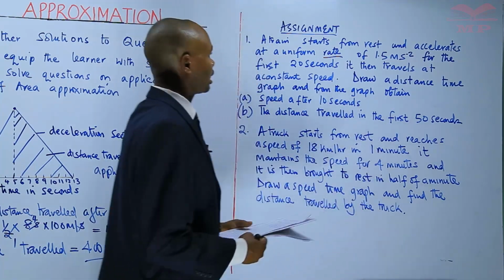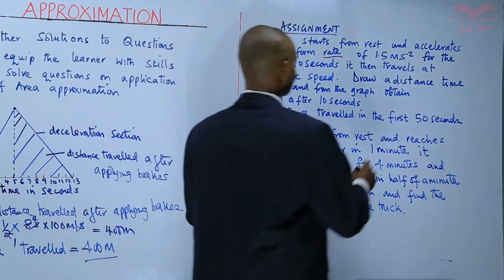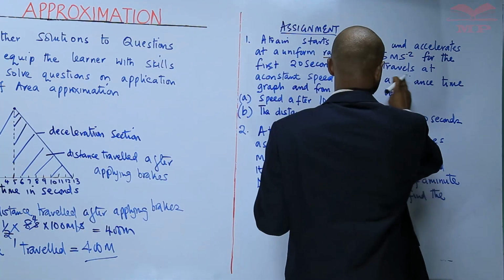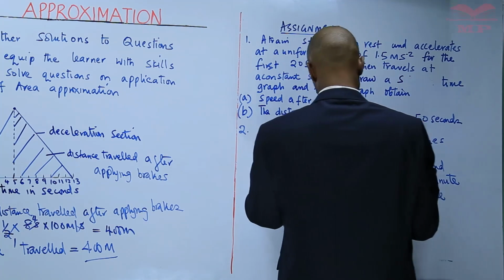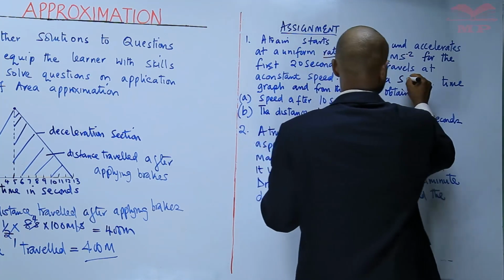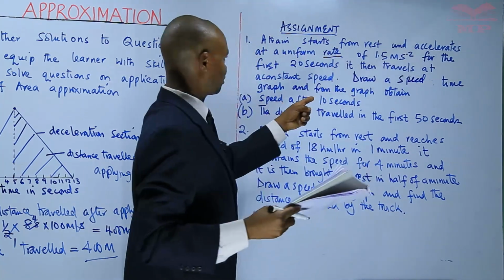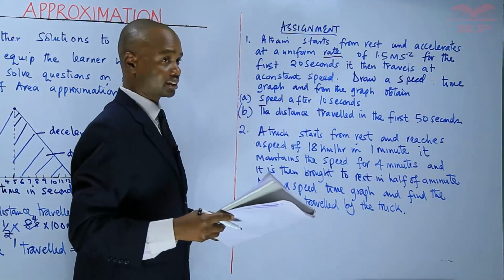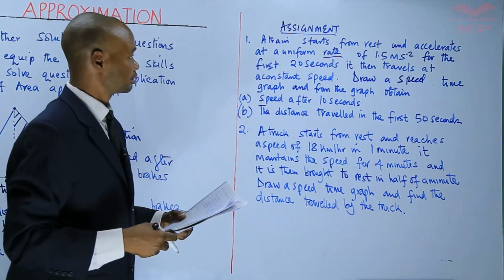Draw a speed time graph, and from the graph obtain the speed after 10 seconds and the distance traveled in the first 50 seconds.